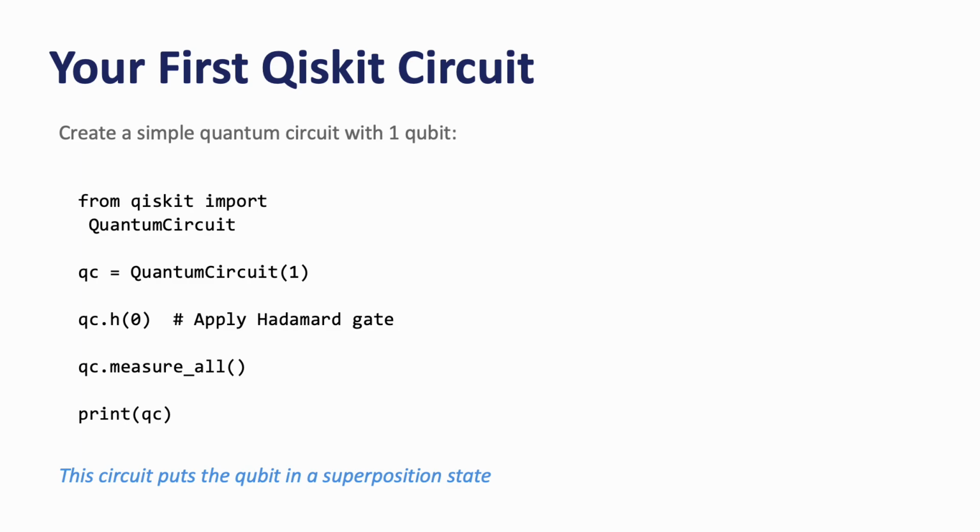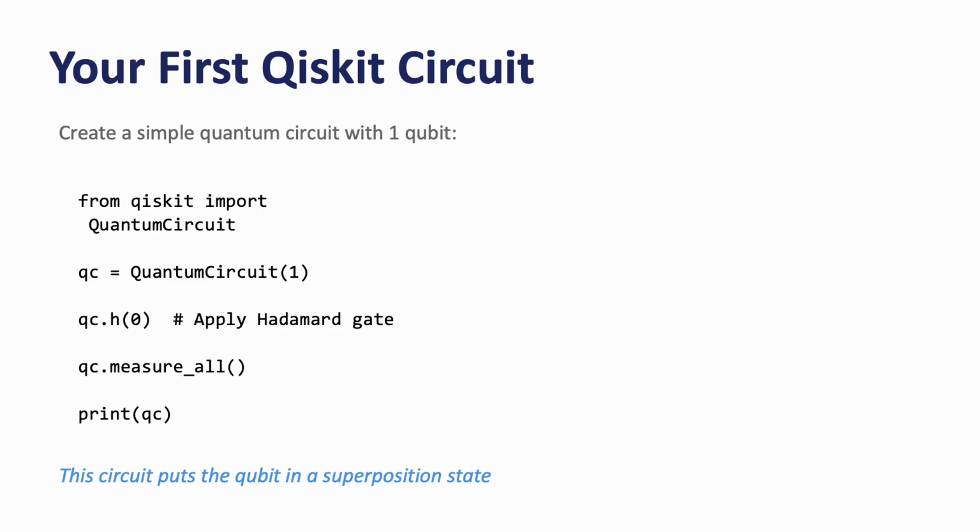In quantum mechanics, the Hadamard gate is like a magic transformation that puts a qubit into superposition. Before we apply the Hadamard gate, our qubit is in the zero state. After we apply it, the qubit is simultaneously 0 and 1. It is in superposition. This is the beginning of quantum weirdness, and it is beautiful.